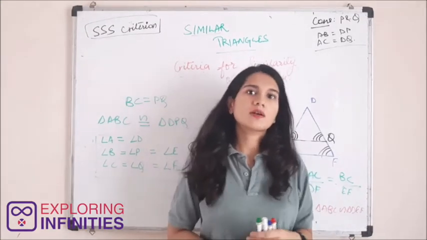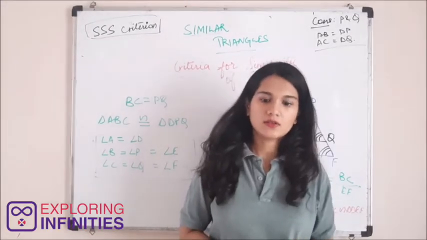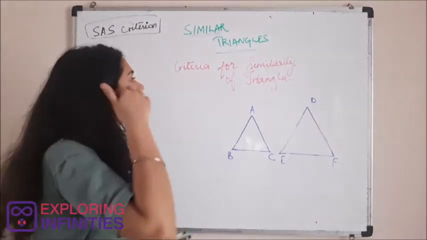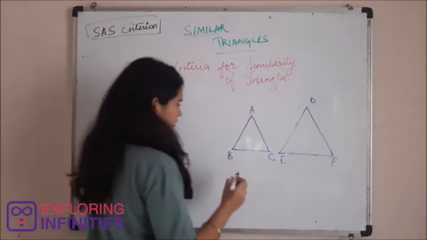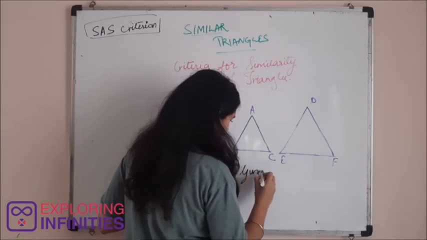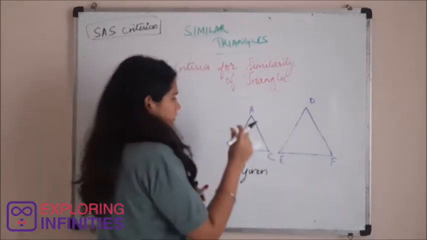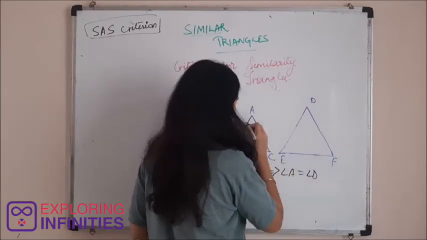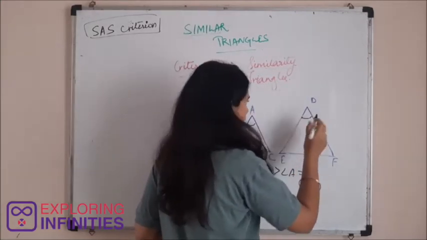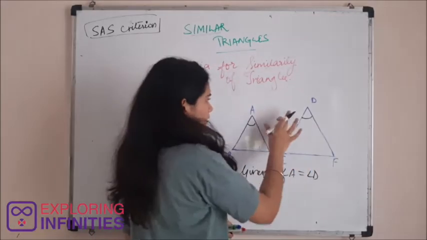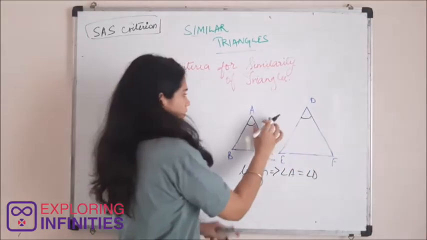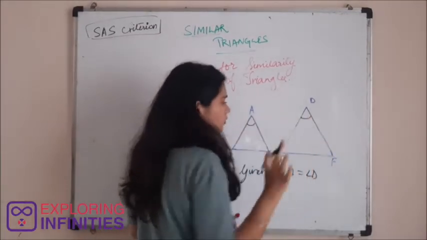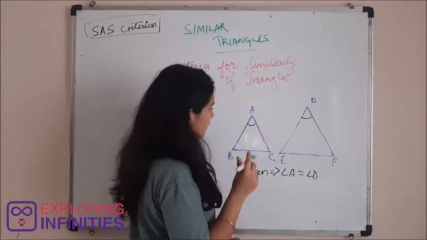Next, we are going to discuss the side angle criterion. In this, it is given that angle A equals angle D. So the theorem states that you are given that two corresponding angles are equal, so angle A equals angle D, and the sides joining the two corresponding angles are in the same ratio.